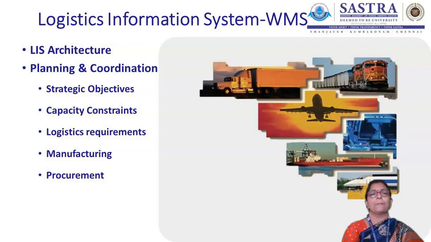Welcome, class. Today I'm going to discuss the topic of logistics information system architecture. As we know, logistics information systems combine hardware and software to manage, control, and measure logistics activities.